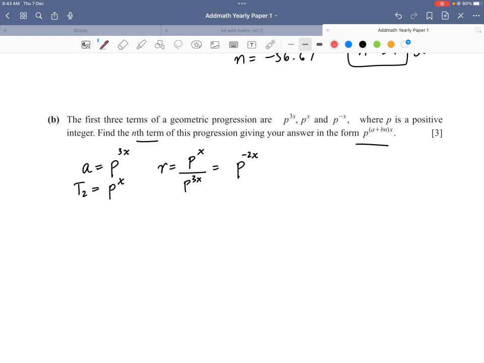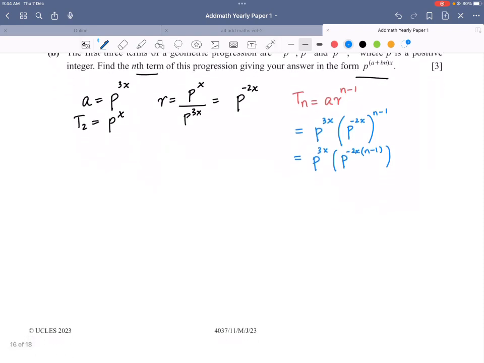We need to find out the nth term. The term formula is Tn is equal to ar^(n-1). Putting in the values, so a is what? a is p to the power 3x. r is what? p to the power minus 2x, all to the power n minus 1. Simplify with the simple rules of indices, p power 3x. Now power multiplies with power, so minus 2x multiplied with n minus 1.